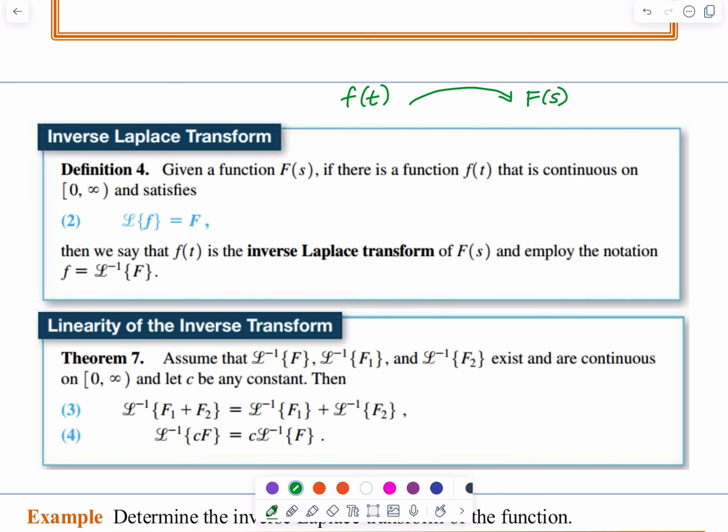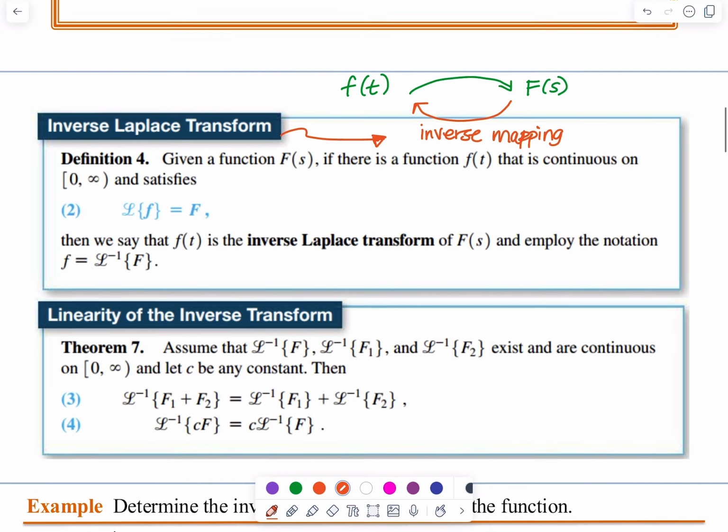In this video, when we find the inverse Laplace transform, we will be given that Laplace transform and finding a function f of t. And this is called inverse mapping. And that's exactly what we are going to be doing here.